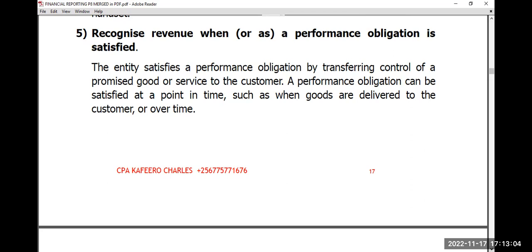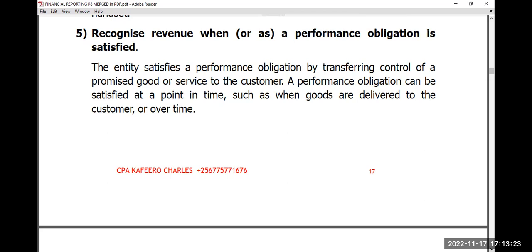We recognize revenue not necessarily when cash has been received or has been paid. So that's basically what we can look at.